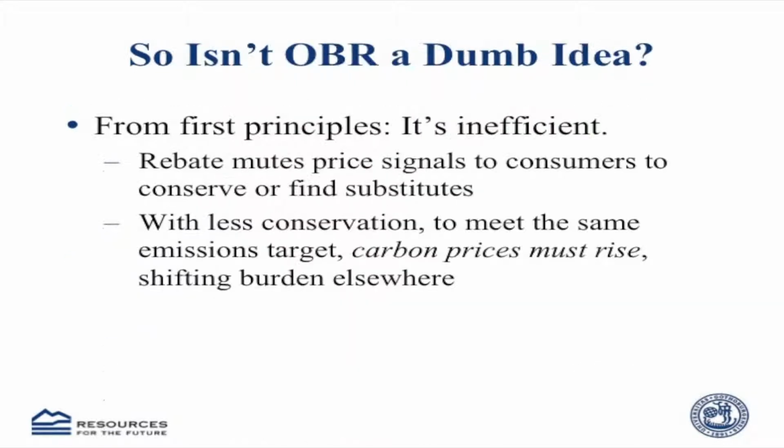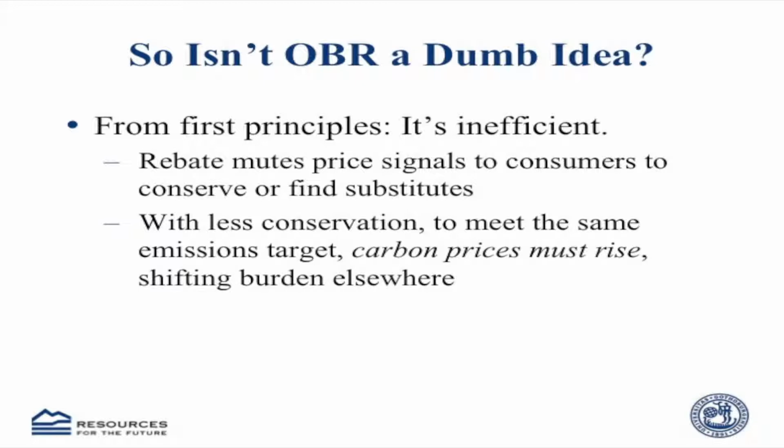Okay, so now it seems like there are a lot of reasons to think output-based rebating now is kind of a dumb idea. It's inefficient. It mutes the price signals to consumers to conserve or find substitutes. With less conservation then, it drives up carbon prices.